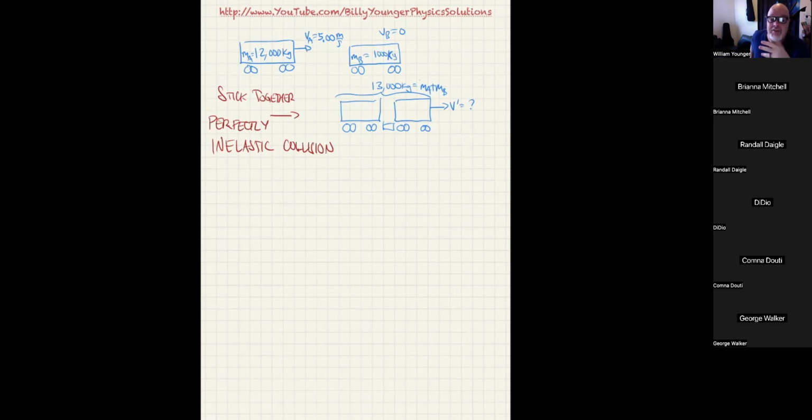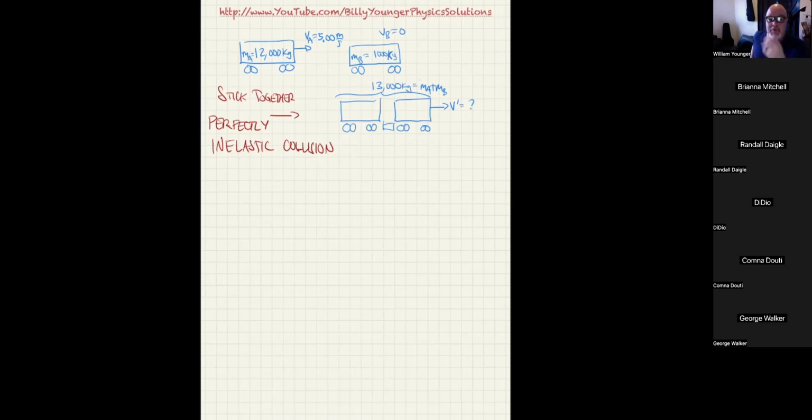The reason why is if you jump to the center of mass frame, which is the frame in which the total momentum is 0. In this case, it would be hard to figure out just in my head because they have different masses.